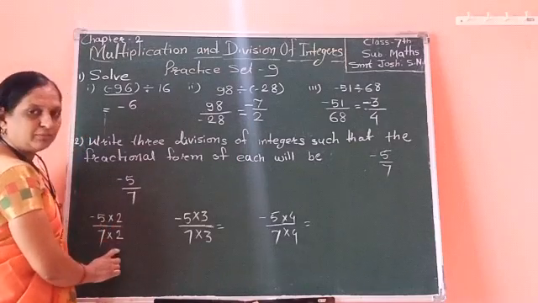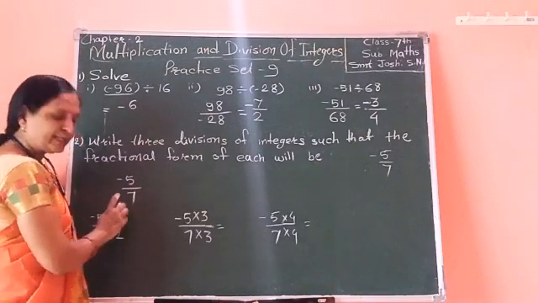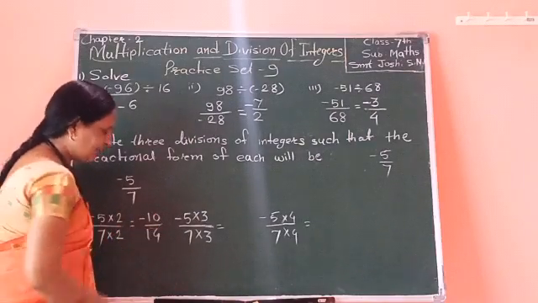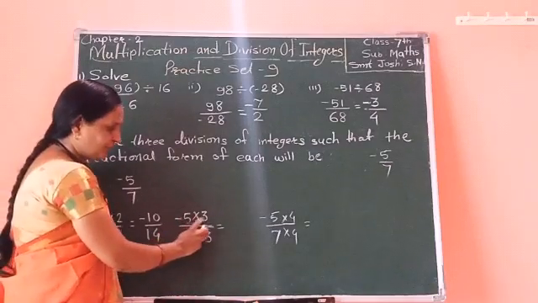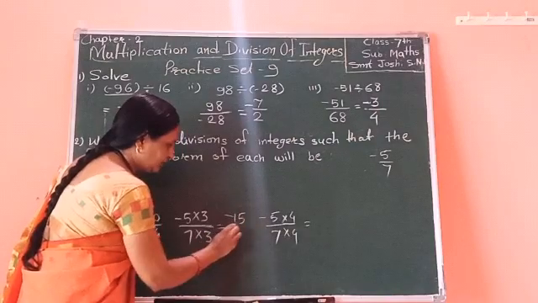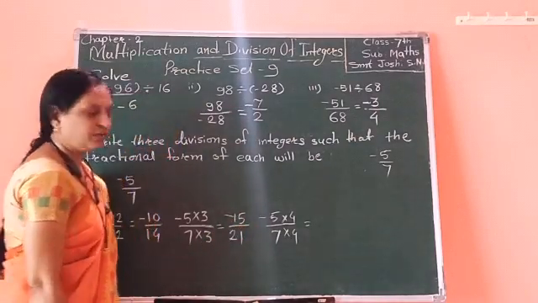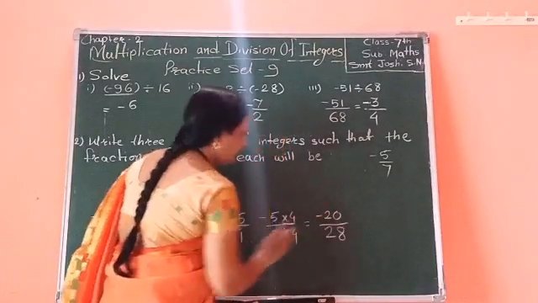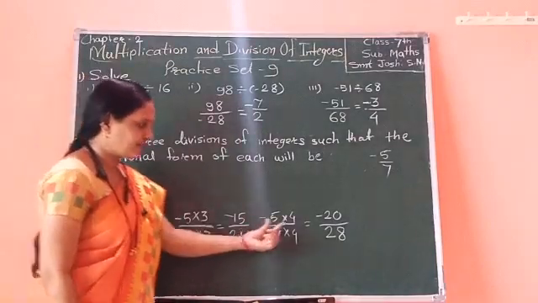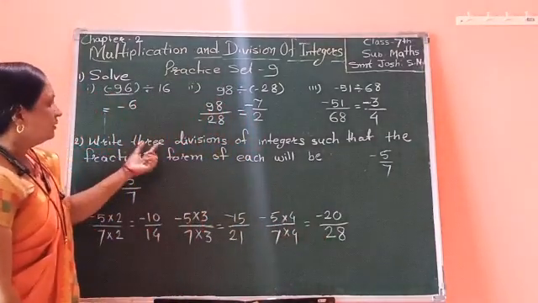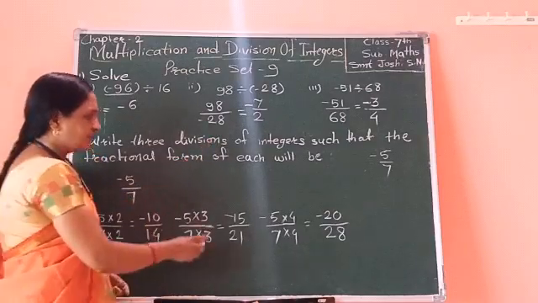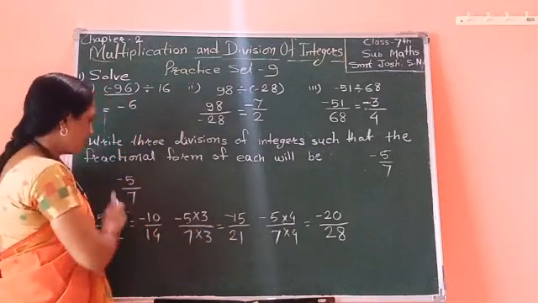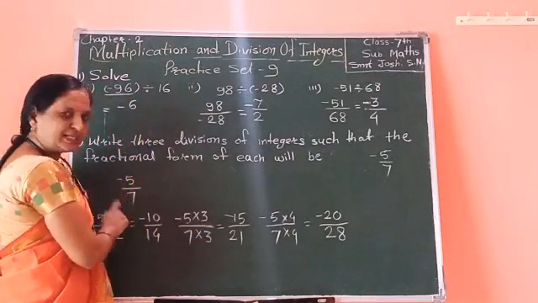-5/7 multiplying by 2 in numerator and denominator, we get -10/14. -5 into 3, -15/21. And -20/28. These are the three fractional forms which, when we write them in simplest form, we get -5/7.